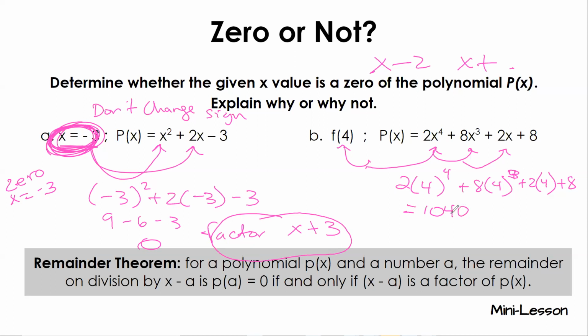Cool. 1,040. So does that mean that x equals 4 is a 0? So x equals 4 is not a 0, and x minus 4 is not a factor. Okay, that's what we're getting from this.